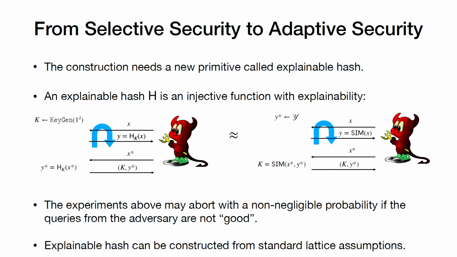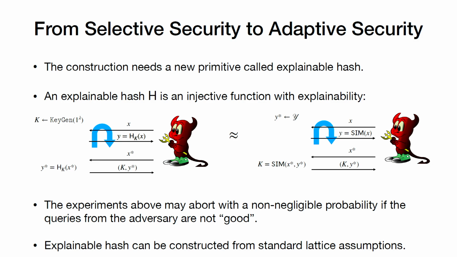The first step needs a new primitive called expandable hash. In a nutshell, an expandable hash is an injective hash function that allows one to reprogram the hash evaluation on some challenge input X star after the challenger has used the hash function to answer some evaluation queries. So this is a bit like the reprogrammability of the random oracle.